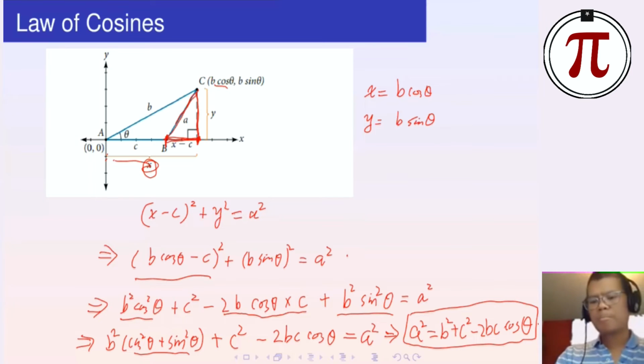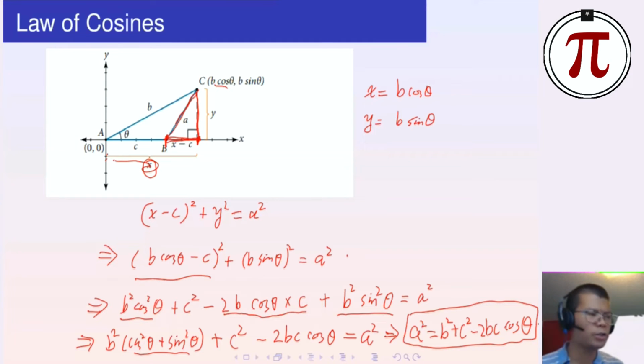Does that make sense? All right, we got an equation involving cosine theta. It gives the square of the opposite side, and you see a is the opposite side of theta.